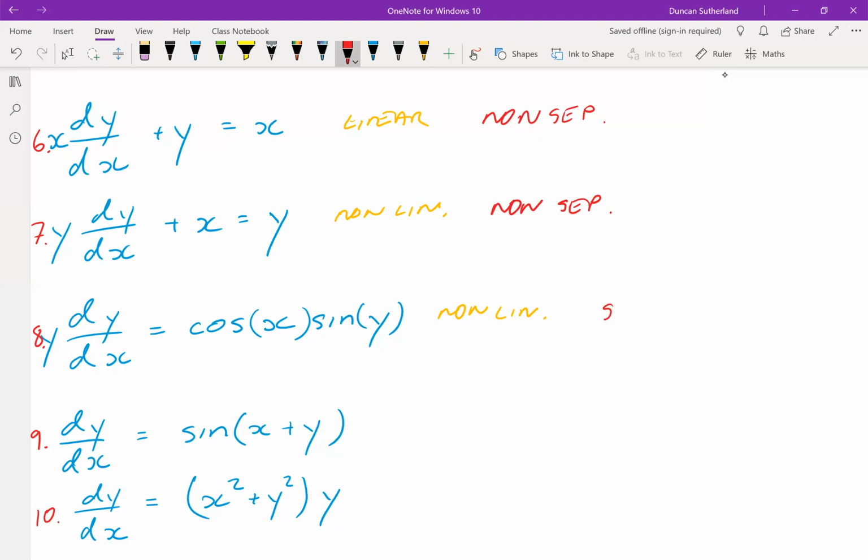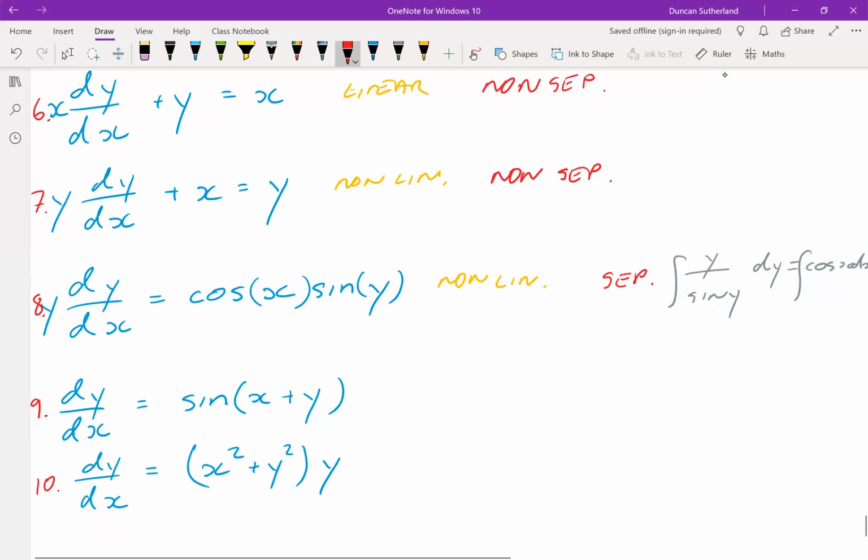This one is separable. So I'll just write it out in an alternative form. Right, and that's the equation once it's been separated. Good luck doing those integrals. That y on sine y isn't going to be too nice.